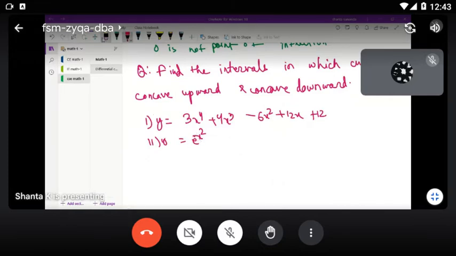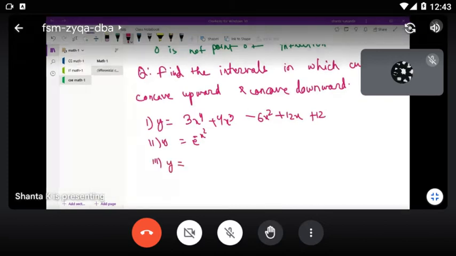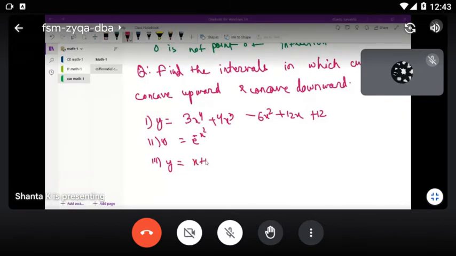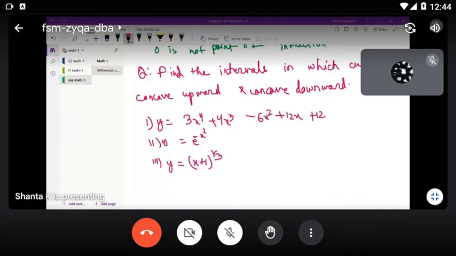This is e power minus x square. x plus 1 power 1 by 3. Also find the points of inflection.